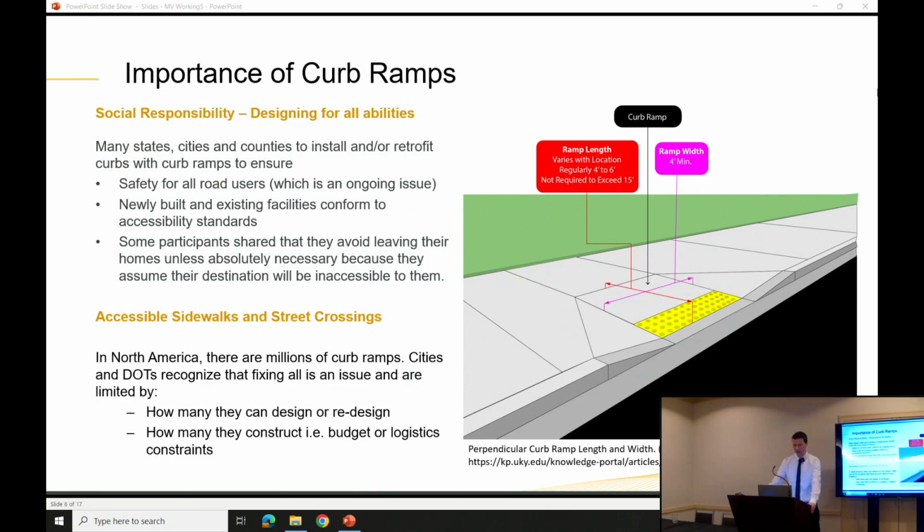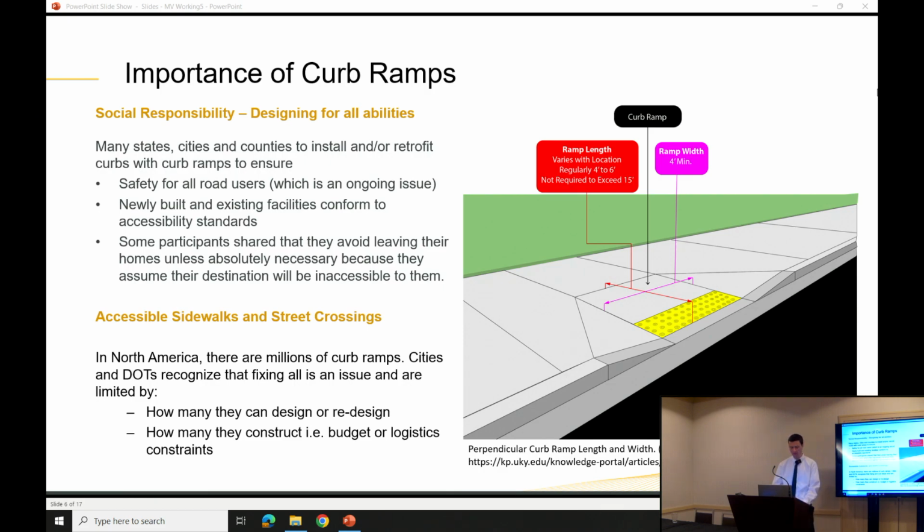In fact, I was looking at a community consultation in my home country, Canada, in Yarmouth, Nova Scotia. As part of a rural accessible and age-friendly infrastructure assessment, some participants shared that they avoid leaving their homes unless absolutely necessary because they assume their chosen destination will be inaccessible to them.